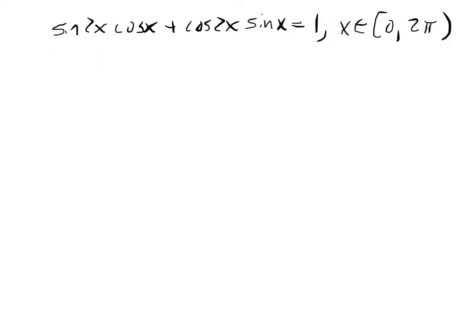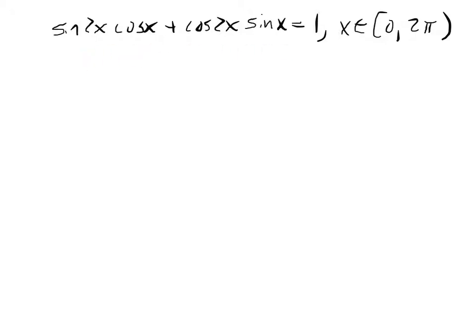Now, for this one, we're solving between 0 and 2 pi. Note interval notation: include 0, exclude 2 pi. Our bracket includes the endpoint. Our parenthesis does not. So I look at this one, and it looks very complicated. I've got sine 2x, I've got cosine 2x. Do I want to expand this and get everything in terms of x?